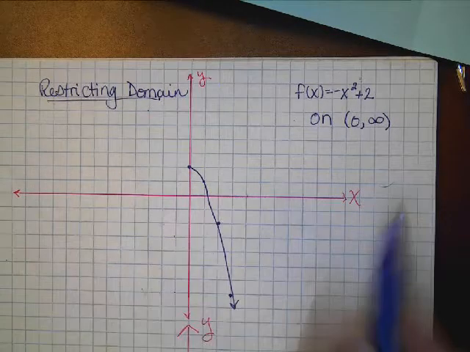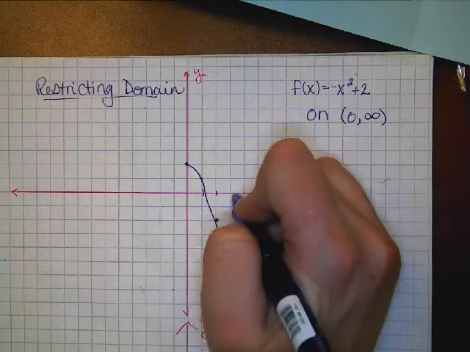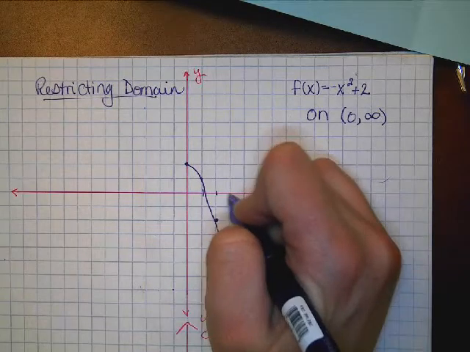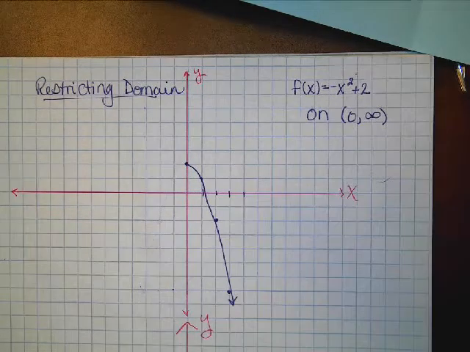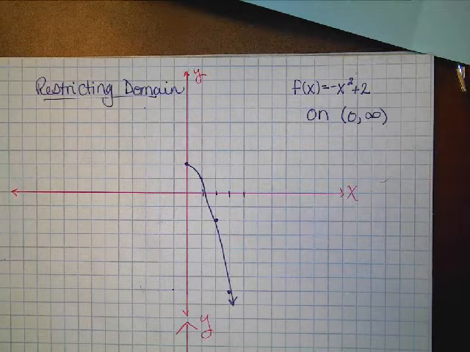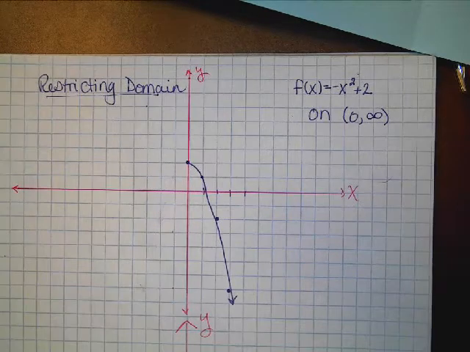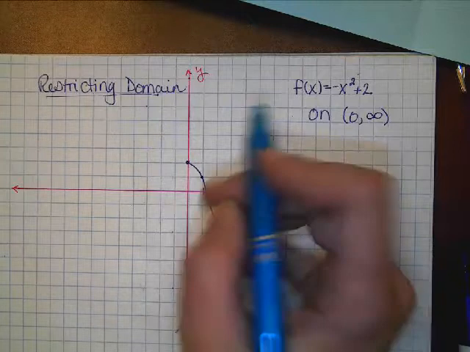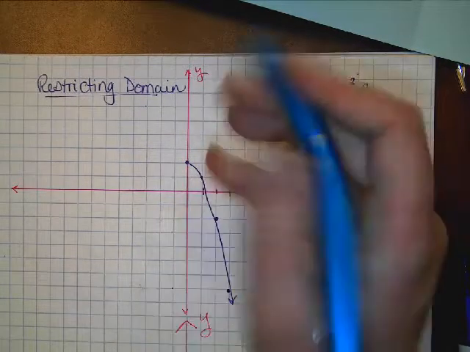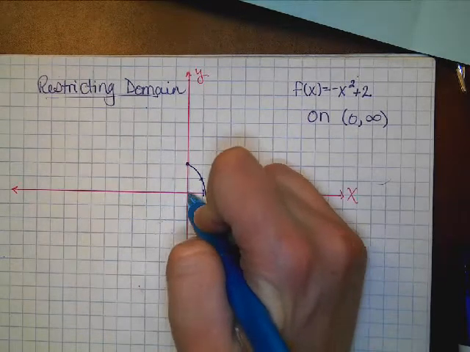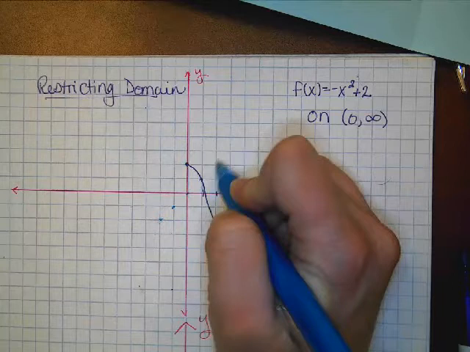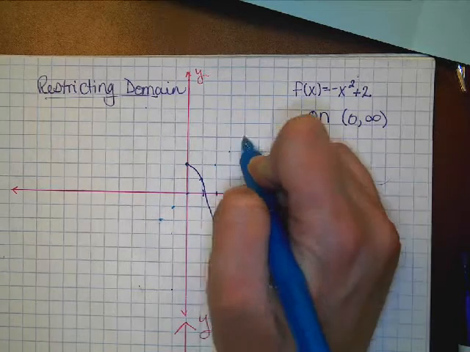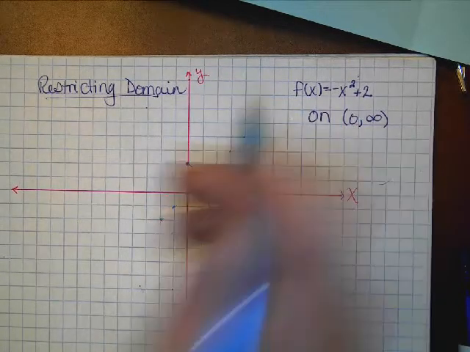So I'm going to say on 0 to infinity, which means I'm going to erase this half. You can't use any negative x values. You can only put in x values like 1, 2, 3, 4, etc. You can only use those values.